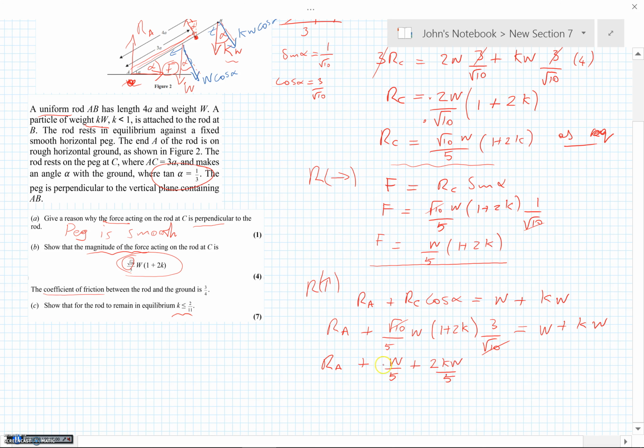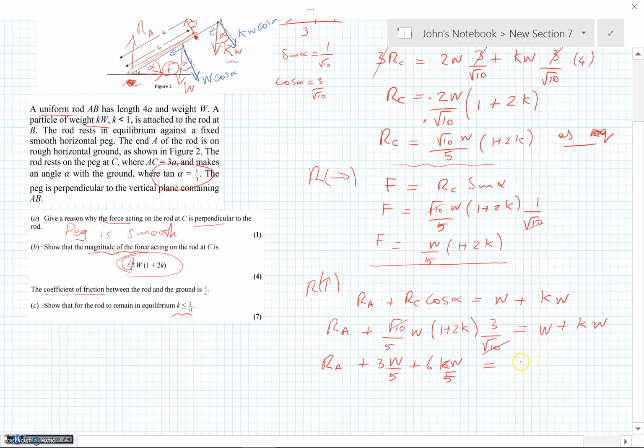Oh, I'm times them by 3 as well, so I've got 3W over 5, and I've got 6KW over 5 there when I've multiplied those bits out.